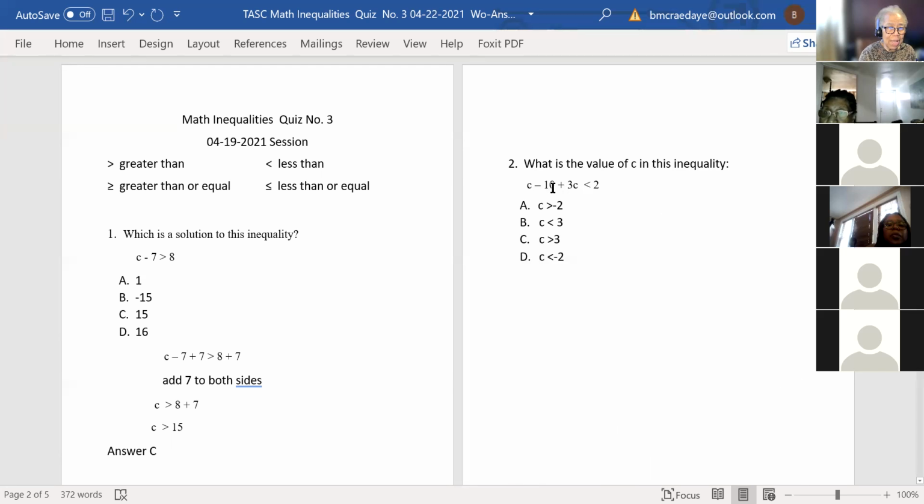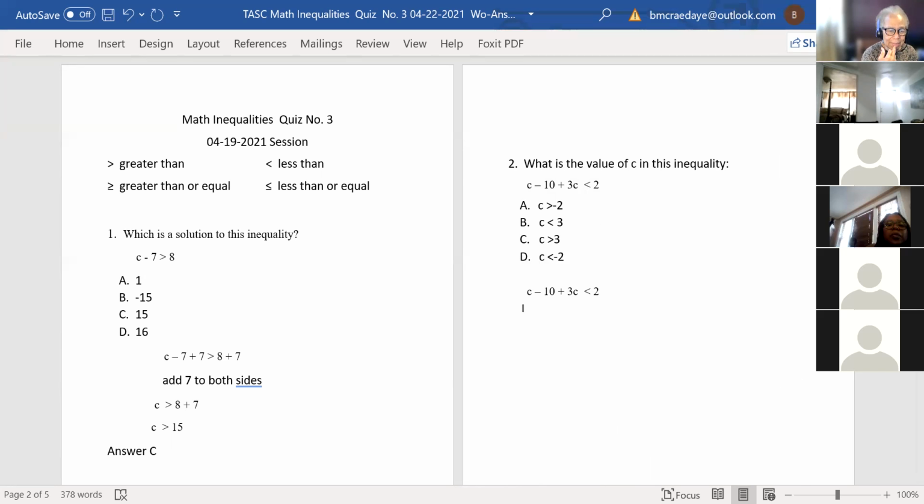Mercedes, how would I solve number two? You see that one? What is the value of C in this inequality? How do I solve that, Mercedes? Let me try. What do you do first? First you're going to take away 3 from both sides. No. What's going on the left side? We have C minus 10.